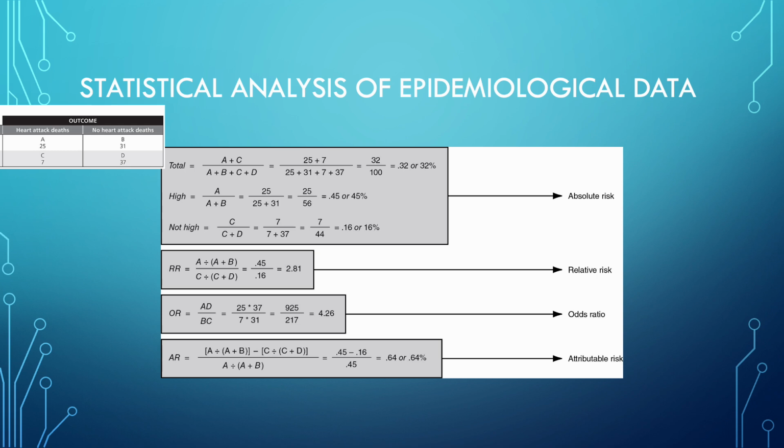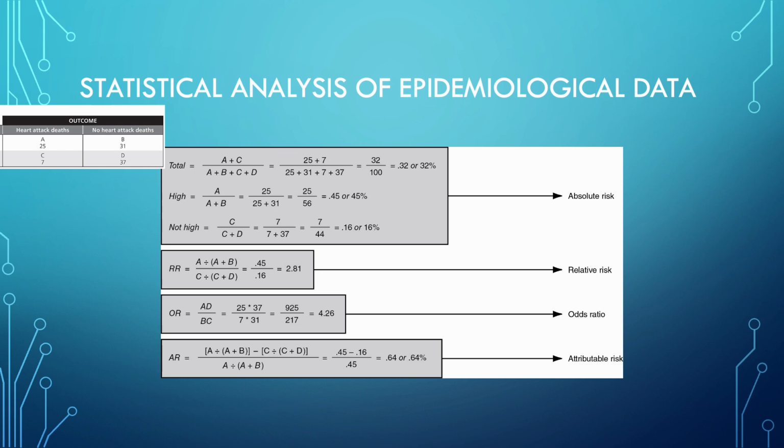Based on the data on the previous slide, we can calculate the absolute risk, relative risk, odds ratio, and attributable risk for each component. If we look at the top, we're looking at our absolute risk. It's broken up into high and not high. Those with high cholesterol had an absolute risk of 45% of dying from a heart attack.